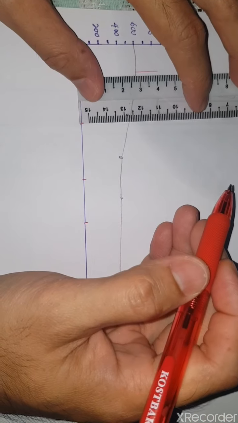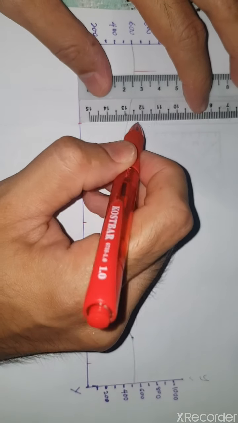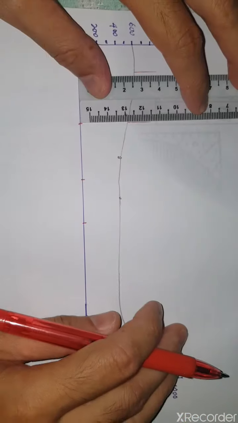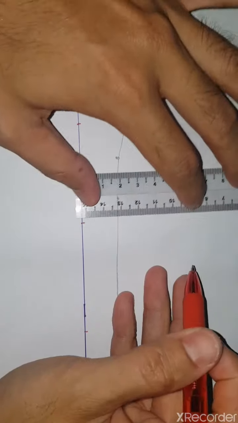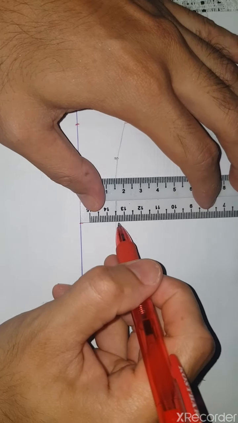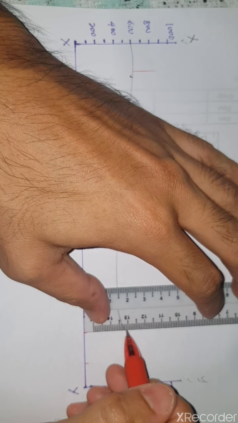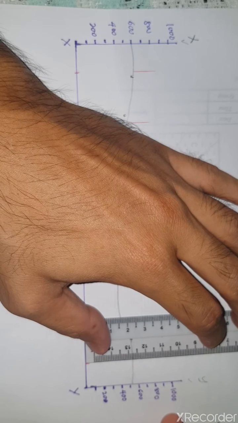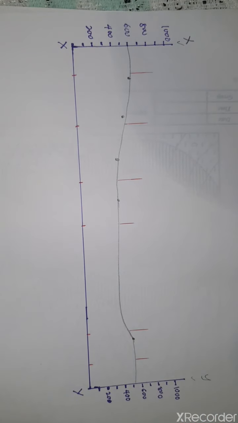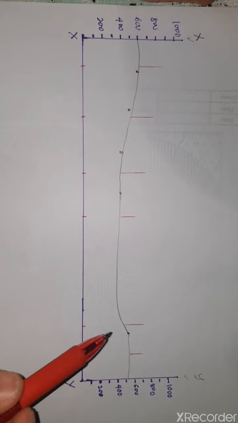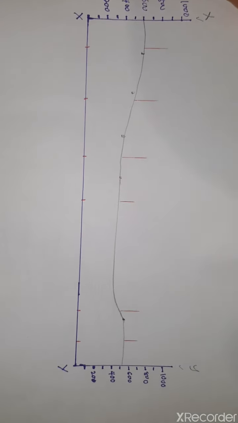1, 2, 3, 4, 5, and the last one. So the red one represents the boundary line in the map.